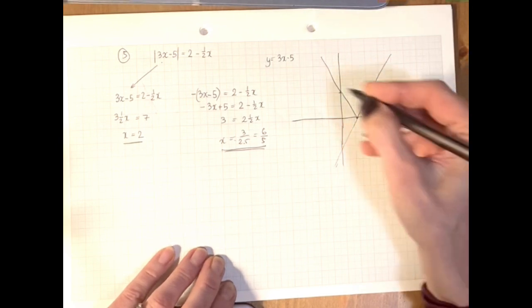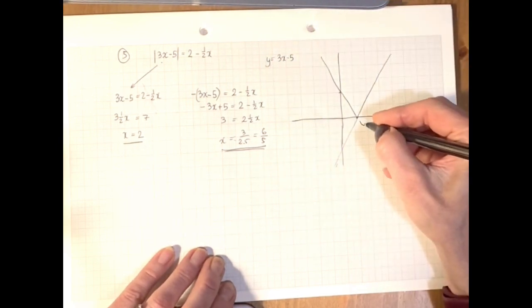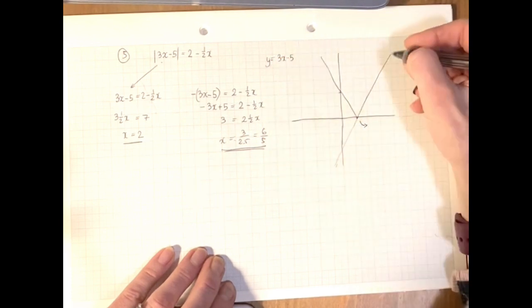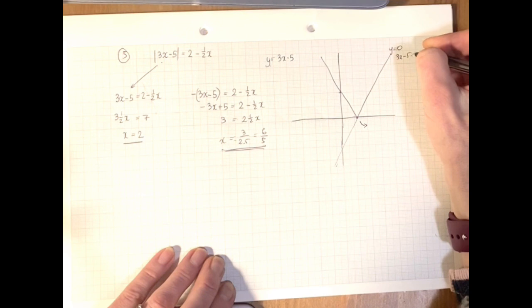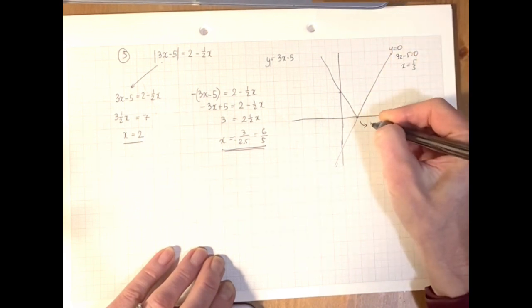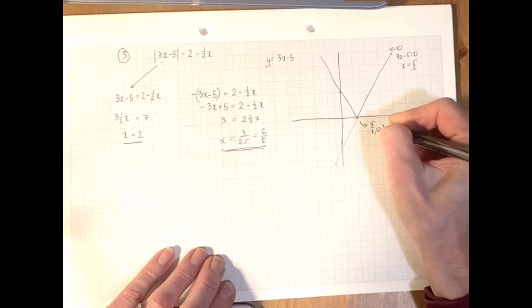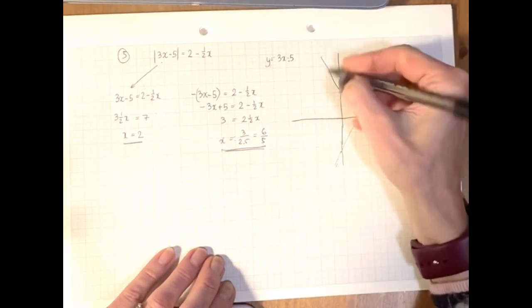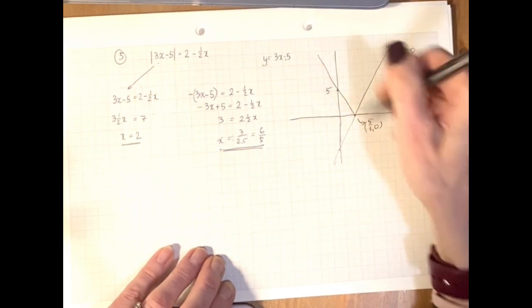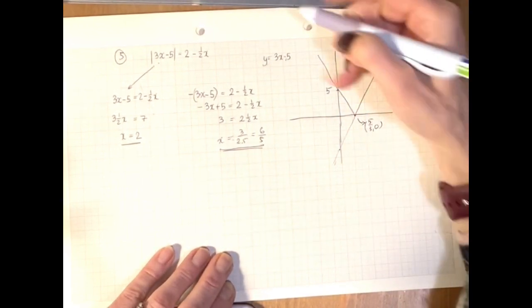This value here is when you make y equal to 0, so 3x minus 5 equals 0, giving us x is 5 over 3. And this point here used to be the minus 5 intercept, now it's 5. So let's go over this in pink.